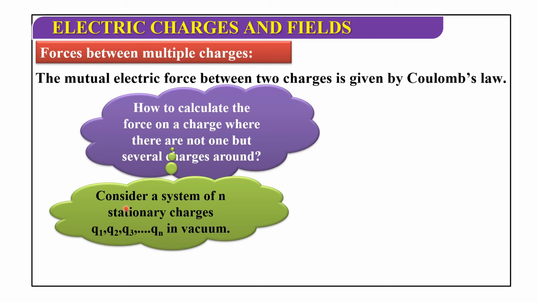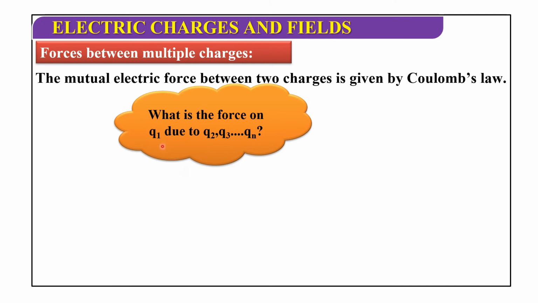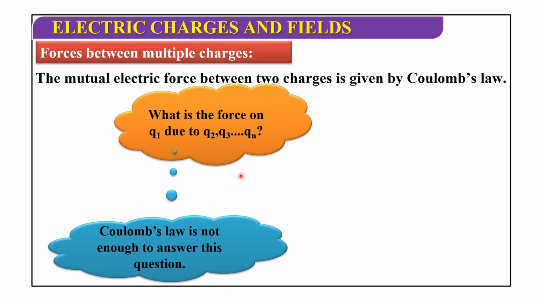Here we are considering a system of n stationary charges q1, q2, q3 and so on up to qn in vacuum. Now, what is the force on q1 due to q2 and so on up to qn? So, Coulomb's law is not enough to answer this question.